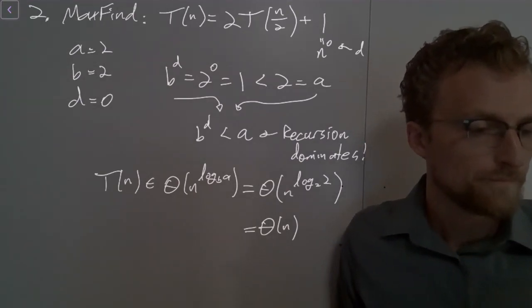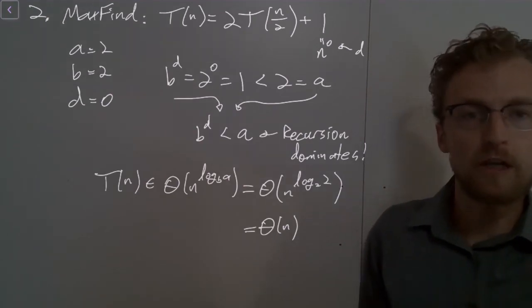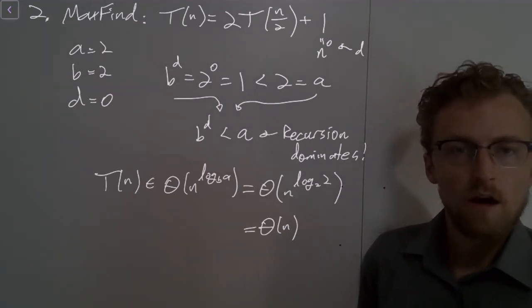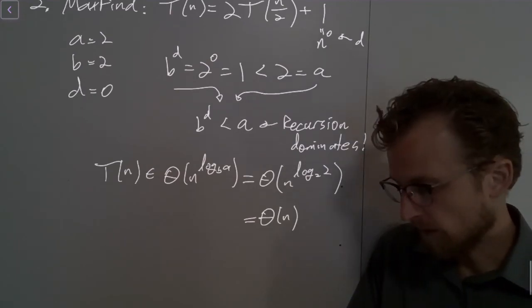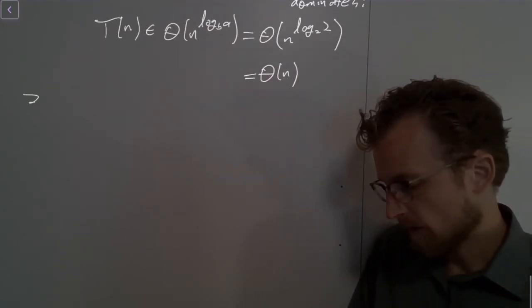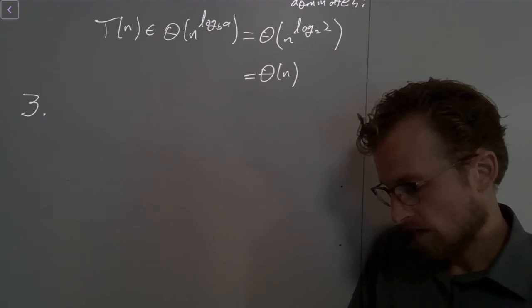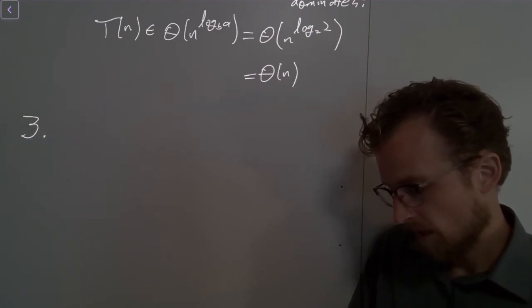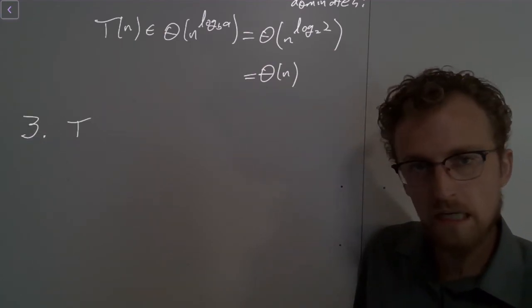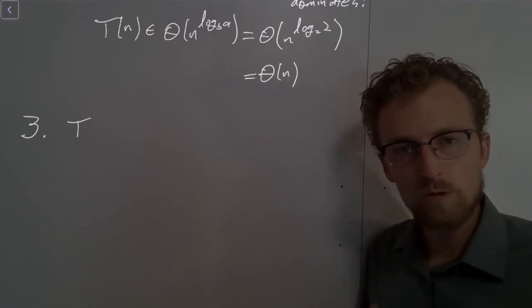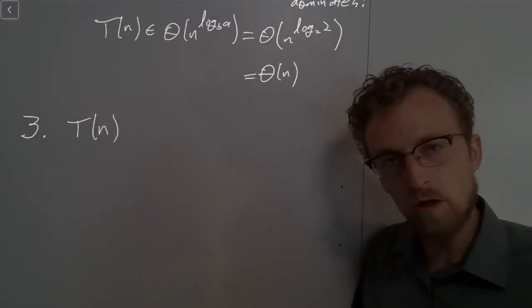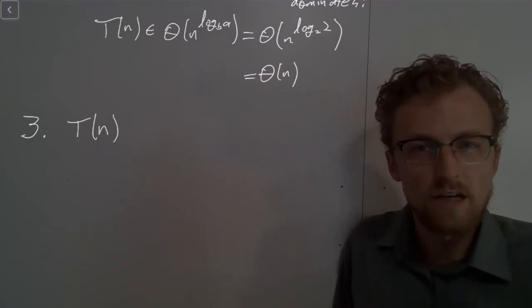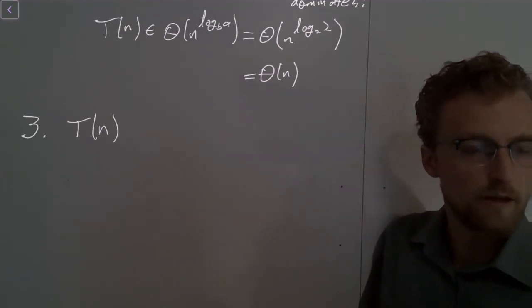Just for completeness, let's look at a handful of other recurrence relations that we can evaluate using the master theorem. So here's a third example. It's just a recurrence relation, not keyed to a particular algorithm; we'll do real algorithms in a moment. The question is, does the master theorem give us the answer here?